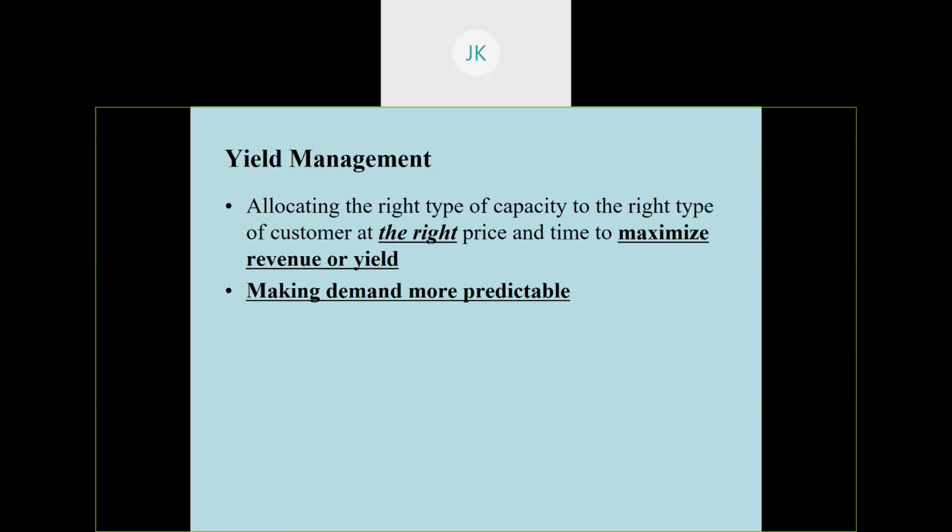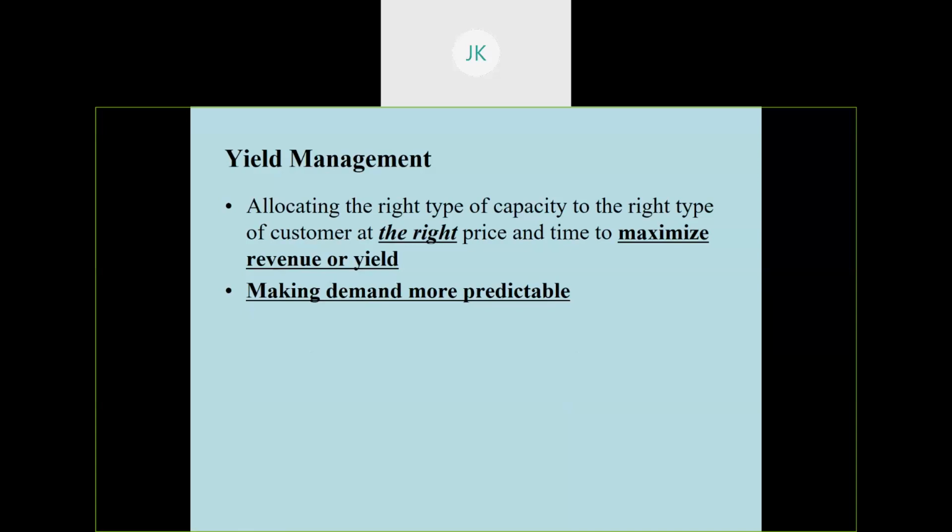And also airline tickets: closer to the scheduled time, the price is higher. But if we book an airline ticket earlier, it's cheaper. So yield management uses different price levels.